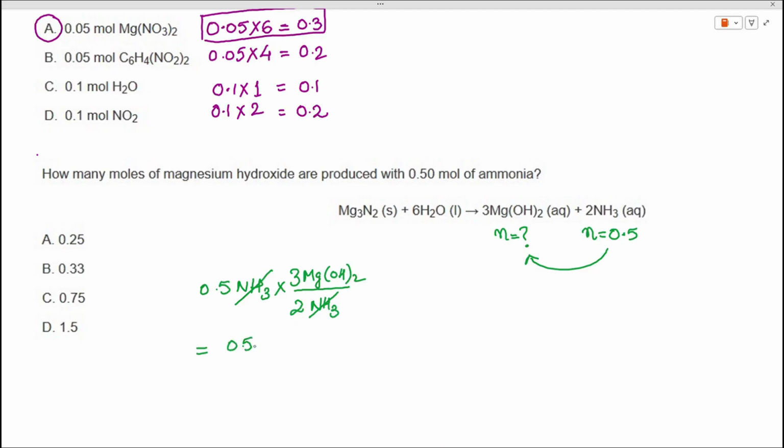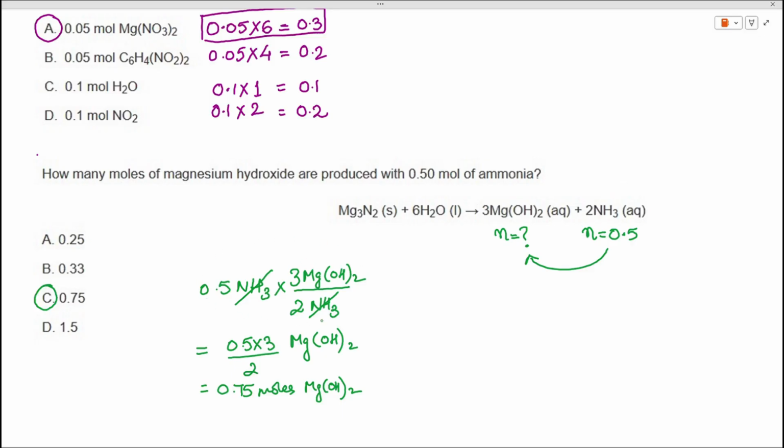So we have 0.5 multiplied by 3 and divided by 2 moles of magnesium hydroxide. So this gives us 0.75 moles of magnesium hydroxide. So definitely our right option is option C.